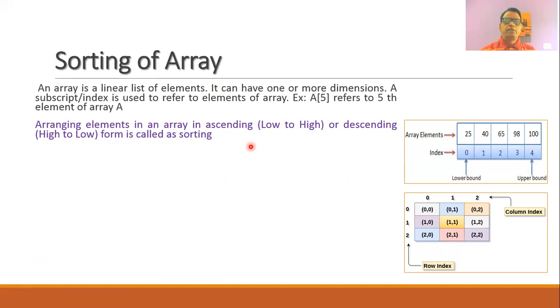We have already seen in binary search that to implement the binary search, it is necessary to sort the elements of the array first. So in several applications, while writing computer programs, it is necessary for us to sort the elements of the array.